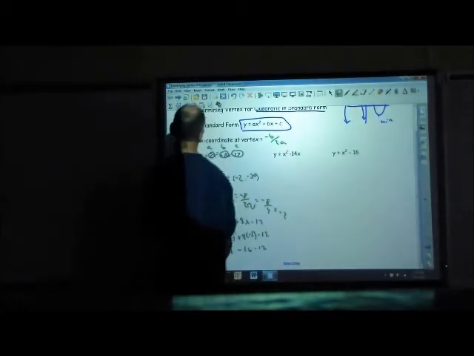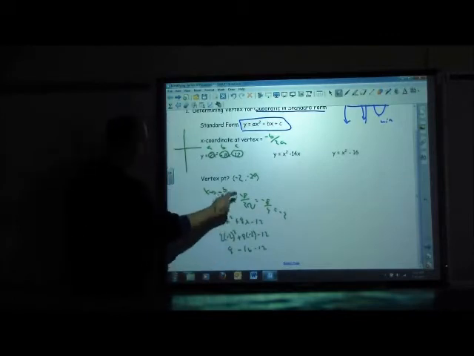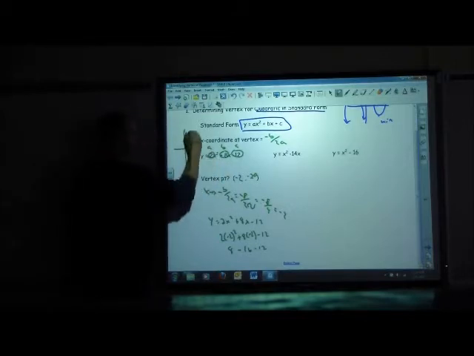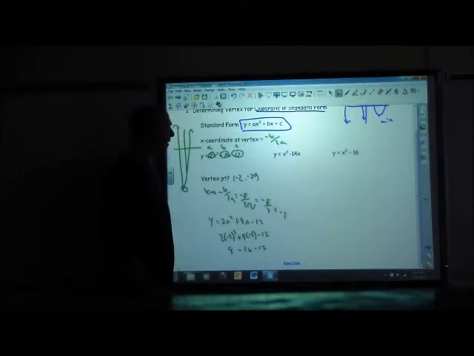Okay? So I found the very, in this case, the very bottom of this parabola. At negative 2, negative 20, this parabola opens up. You can see A is positive. So we would find the minimum value of the function would actually be negative 20. Okay? At the very bottom of that parabola.